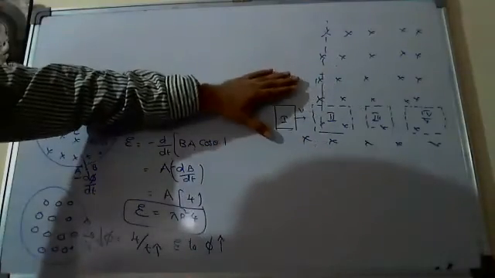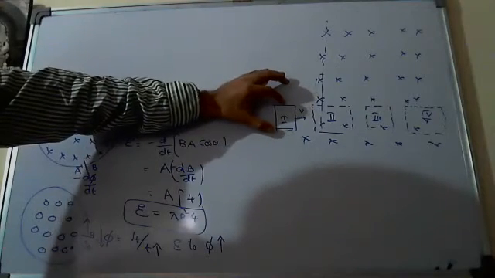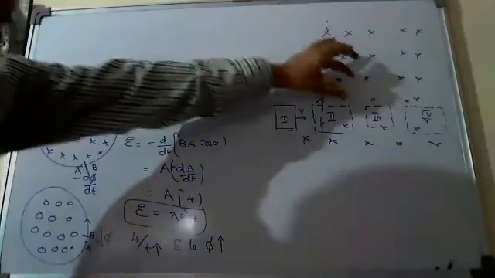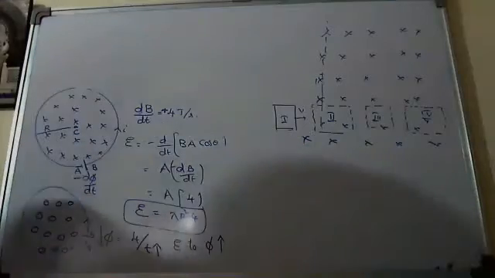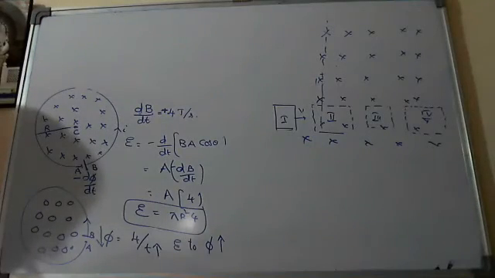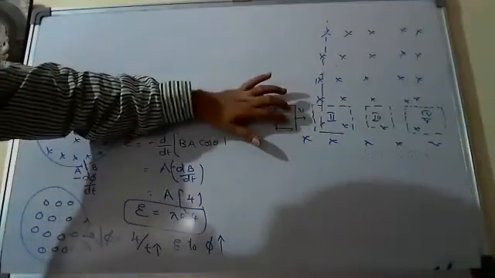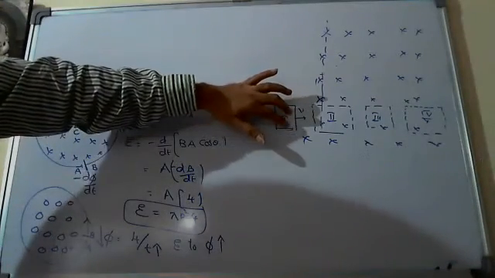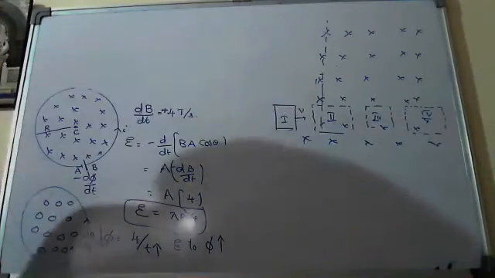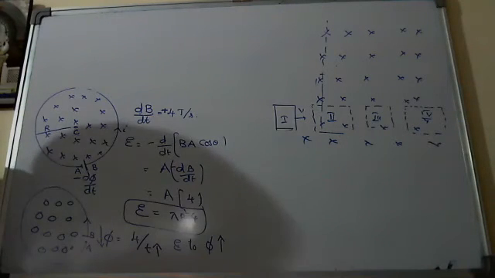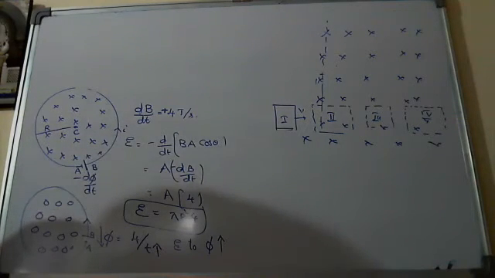First question here. In the first position, is this closed loop inside the magnetic field or outside the magnetic field? Outside, sir. Very good. Outside means, is there any flux through this loop? No, sir. So flux is zero now. If there is no flux, no EMF.